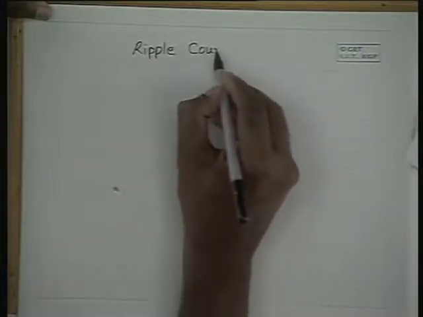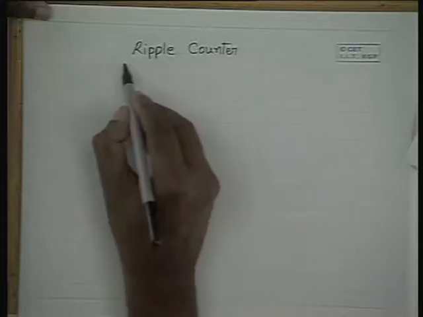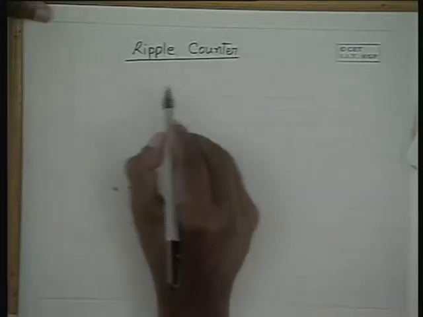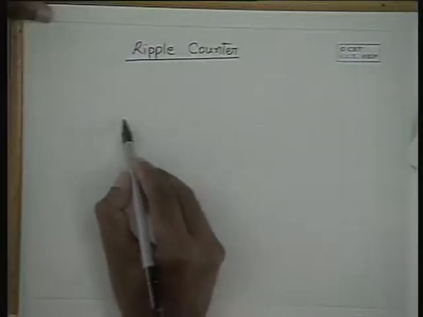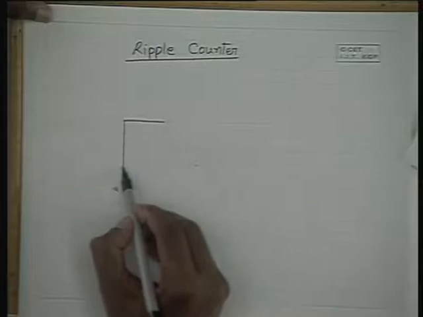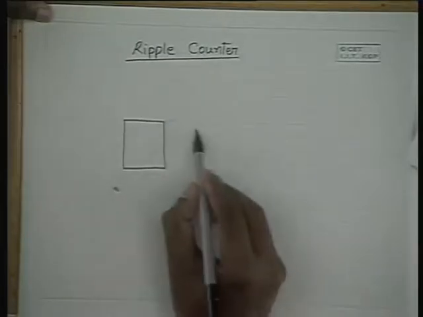As the name indicates, this counter counts the number of pulses and the output goes like a ripple. That's why the name ripple counter. Let us take a 3 flip-flop counter.